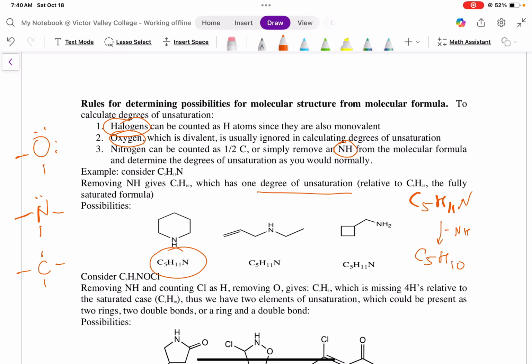Now, if you look at the formula for C5, 2 times 5 plus 2, that's C5H12. That's saturated.